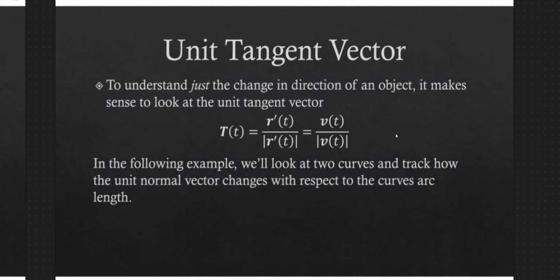That's the big thing to remember here, that the magnitude of the unit tangent vector is always 1 at all points along the curve. It just tells us the direction that the object is traveling, and not its speed. So we're going to track this thing as it moves along the curve.